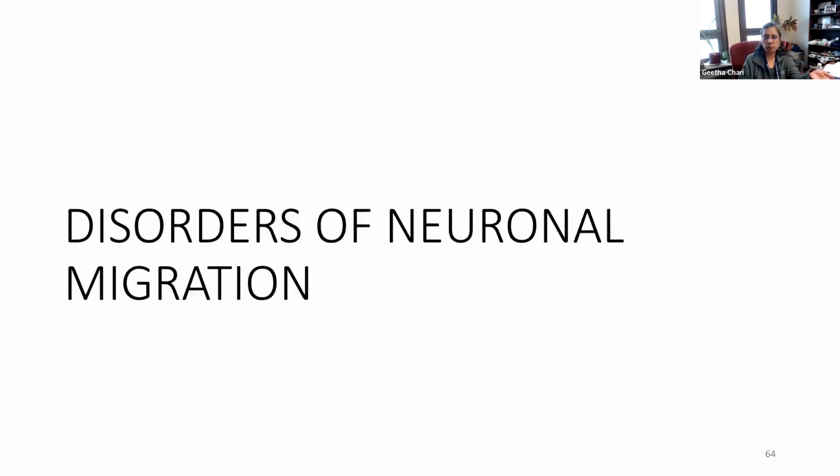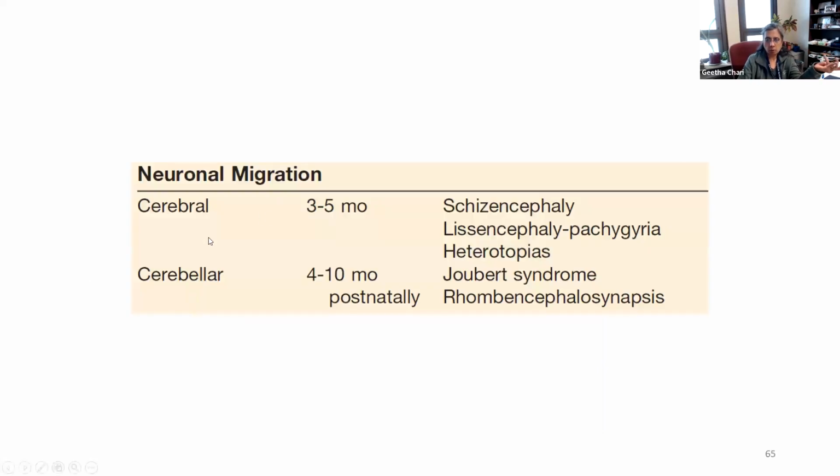So what are the various malformations that you can see when you have migration defects? In the cerebral hemispheres, again at 3 to 5 months, the spectrum is anywhere from schizencephaly and lissencephaly all the way to heterotopias. If you have a cerebellar malformation, it can be Joubert syndrome, or you can have rhombencephalosynapsis, which is very uncommon.